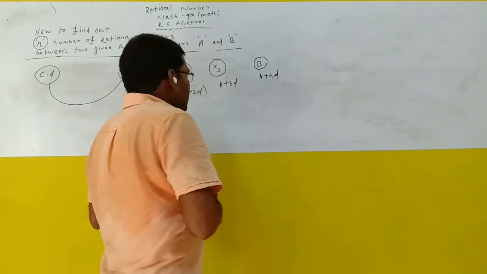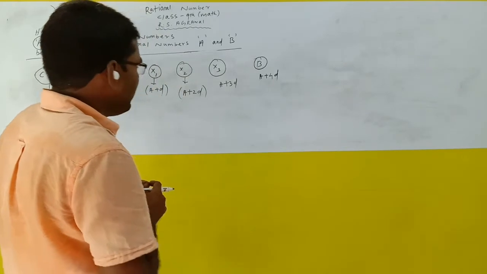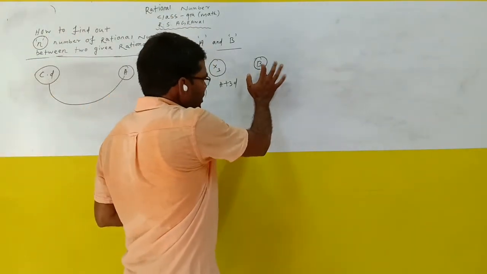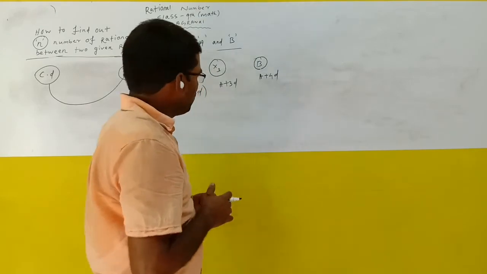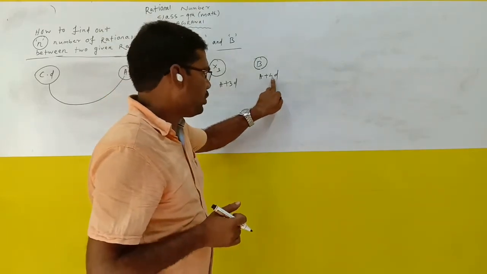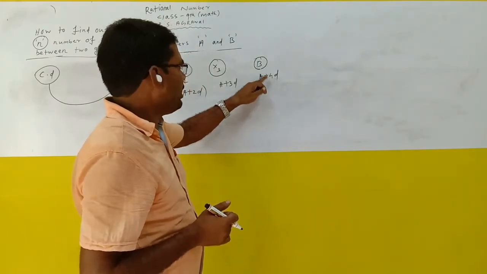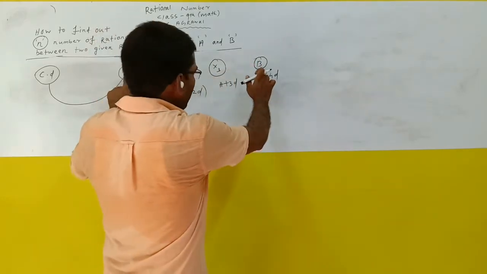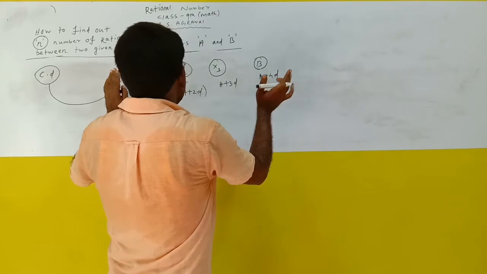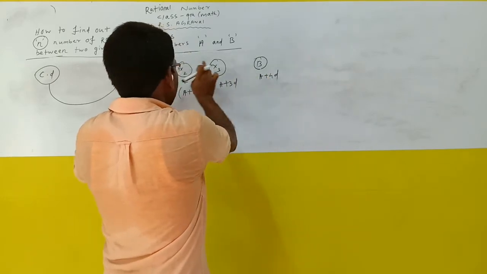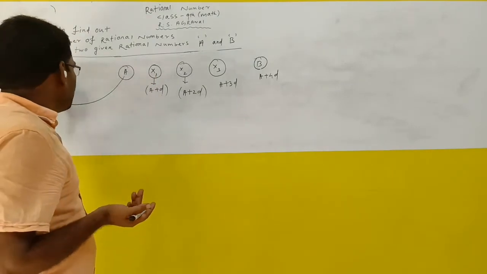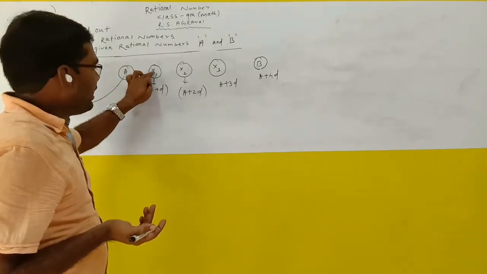In this way, since b is your given rational number, you do not need to find a plus 4d. Already a and b will be given to you, and you want to find three rational numbers, x1, x2, x3. So how can you find x1? If you add CD to a, you get x1.